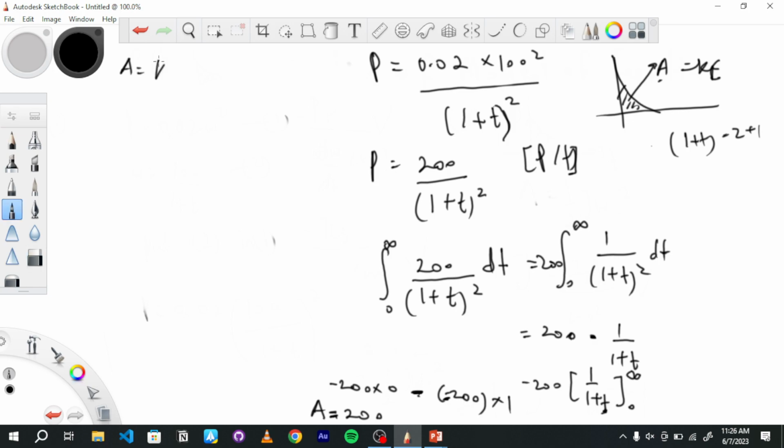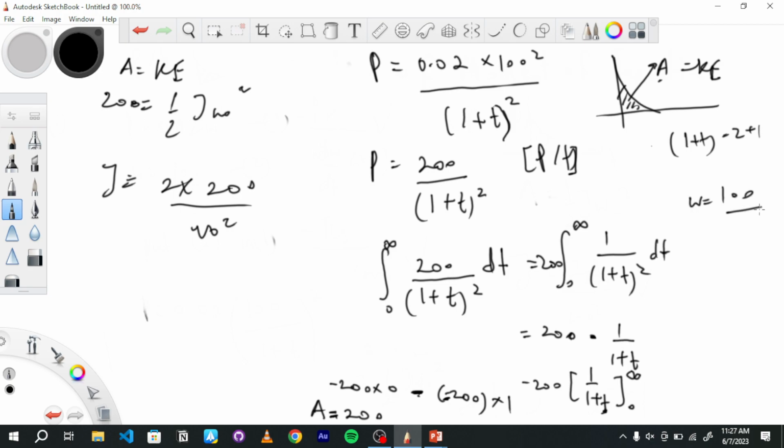And we are saying that this area is equal to kinetic energy, which means that area, which is 200, is equal to half J omega naught squared. So J is 2 times 200 over omega naught squared. Let's find what omega naught is. Omega naught is the initial speed. So we're given the speed function to be 100 over 1 plus t. Initial means when time is 0.